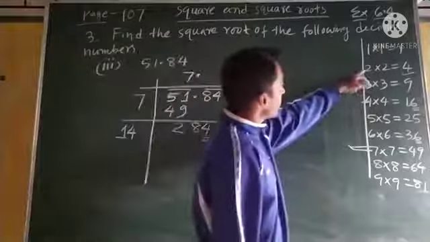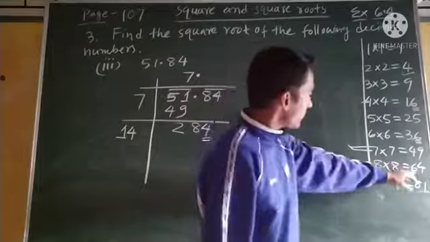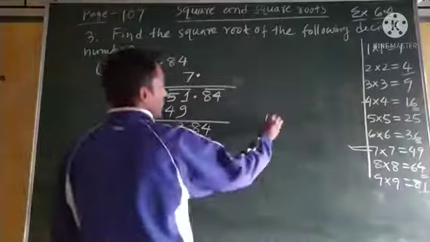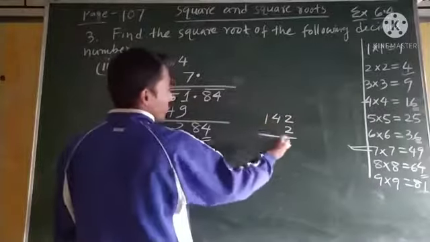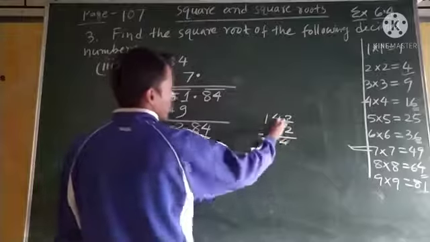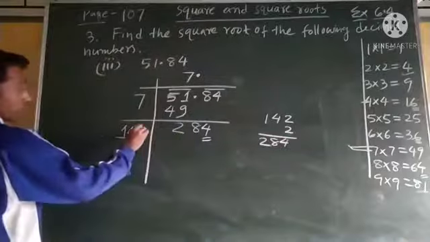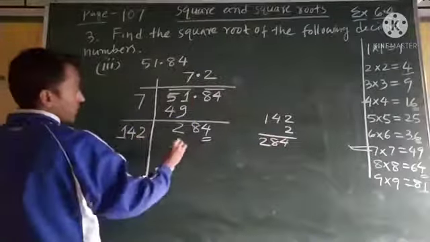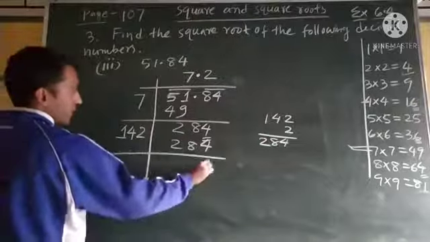When you give 2 times, at that time you will get 4. And when you give 8 times, 8 eights are 64, you will get 4. So now you have to check how many times will go. First 2 times, 2 fours are 8, 2 ones are 2. Yes, you can give 2 times. 142 into 2 is 284. If you do subtract, then you will get 0.